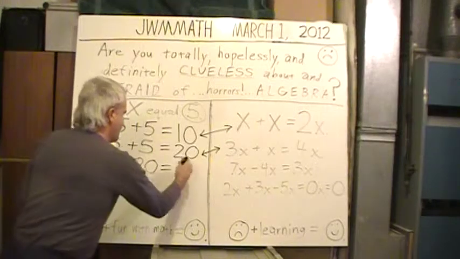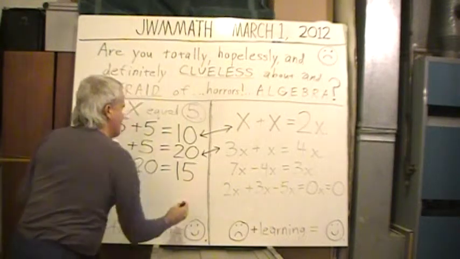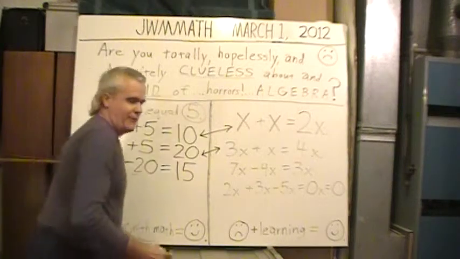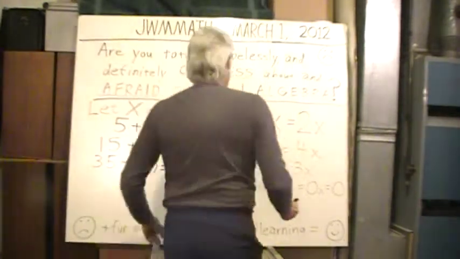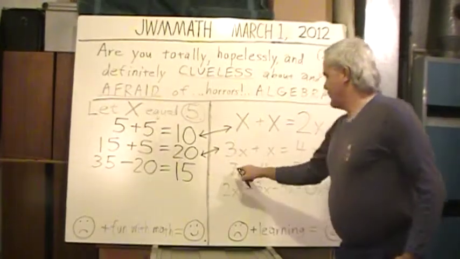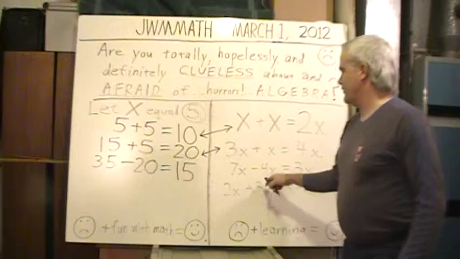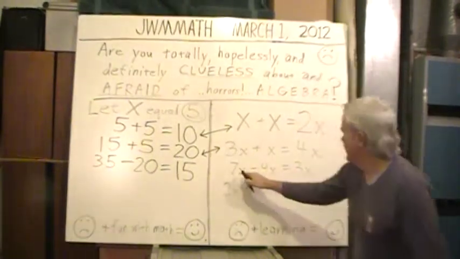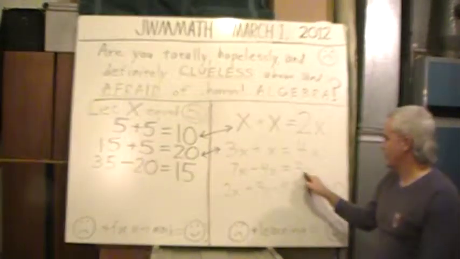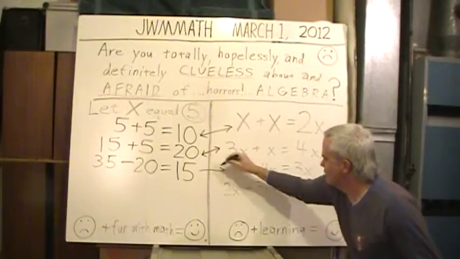That's 3 times 5, 15. Does that make sense? Yeah, we'll be starting to, if not already. 7 times a 5 is 35. 4 times a 5 is indeed 20. And 7x minus 4x is indeed 3x. 3 times 5 is 15, so these look good.